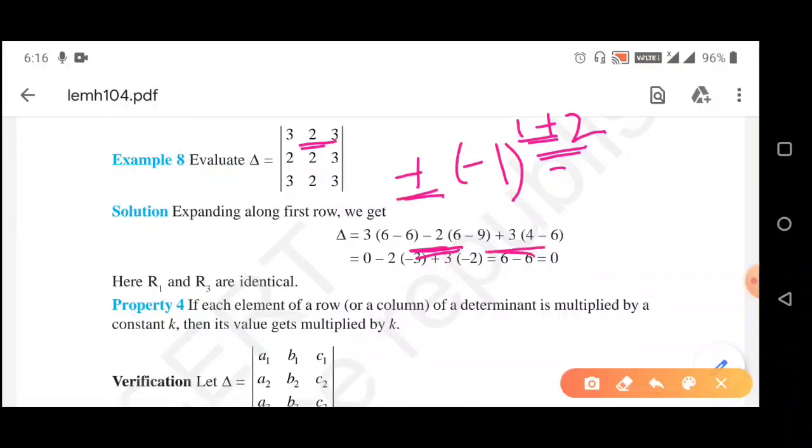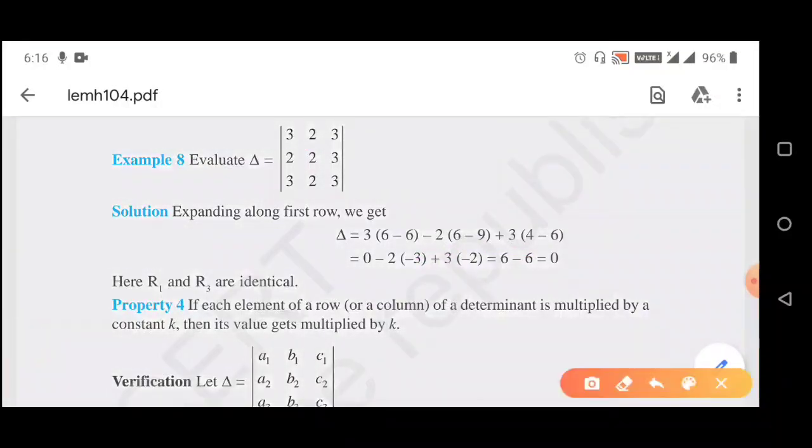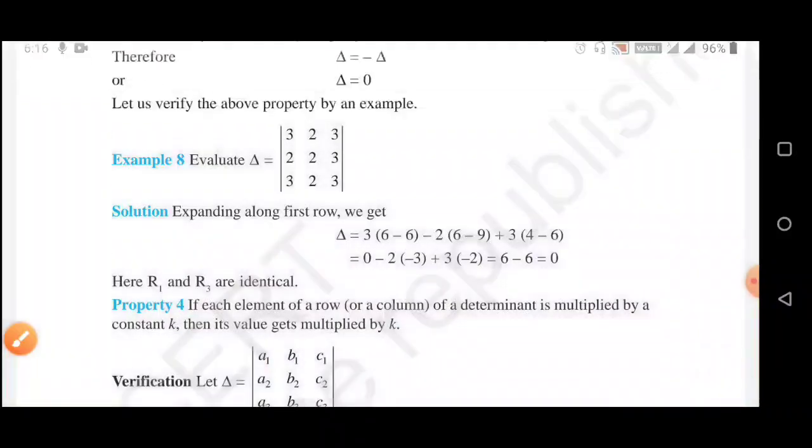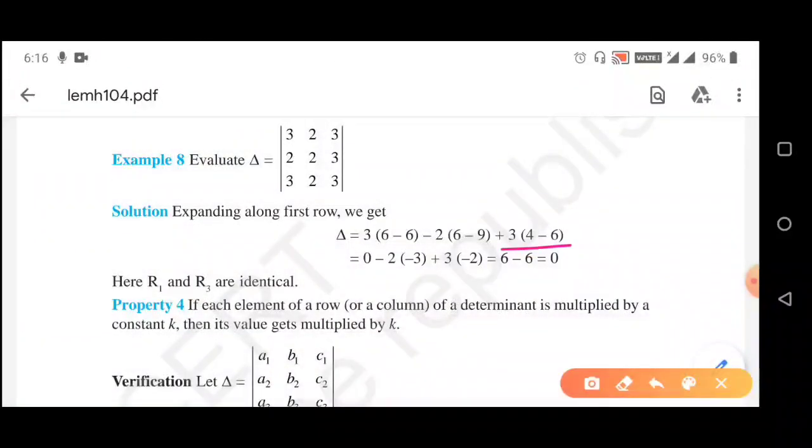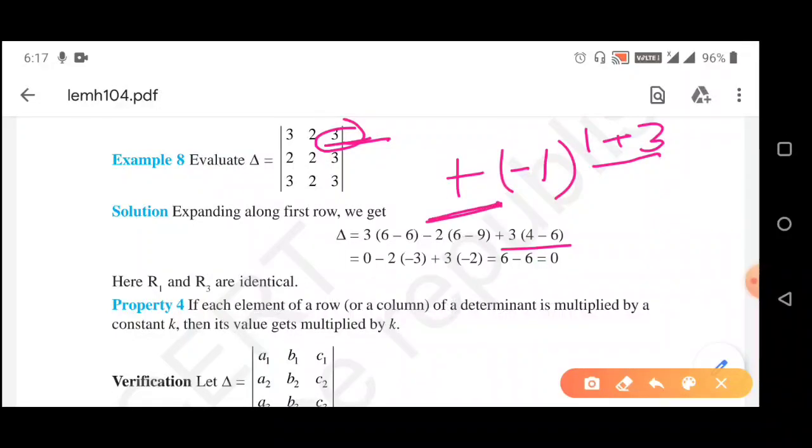Now for the next one, this is also plus, minus 1 to the power 1 plus 3, because this 3 is in the first row, third column. 1 plus 3 means minus 1 to the power 4, so this plus will remain positive.